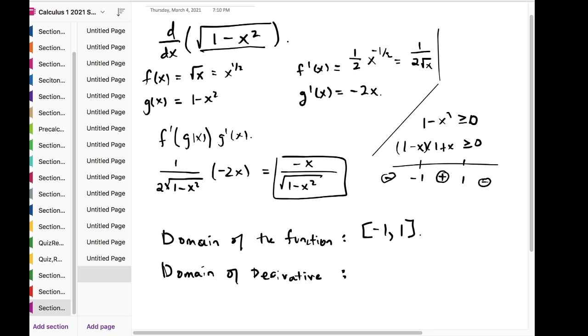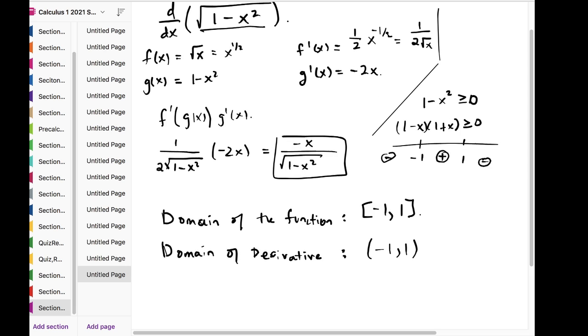So we'll do more of this next time, but if you remember polynomial inequalities, that's what you would look for. Yes, this is open circle, open bracket negative 1 to 1. Because you don't want it to be 0 in the denominator.